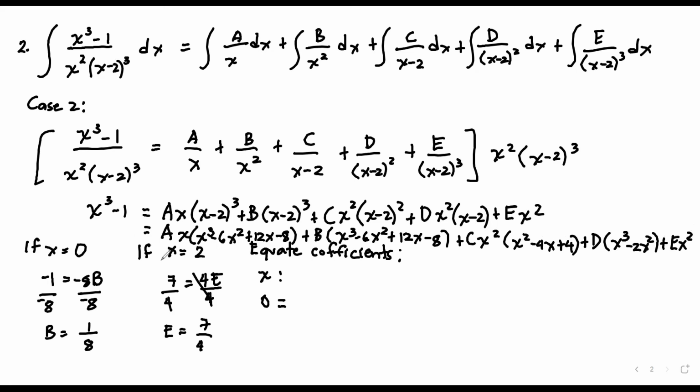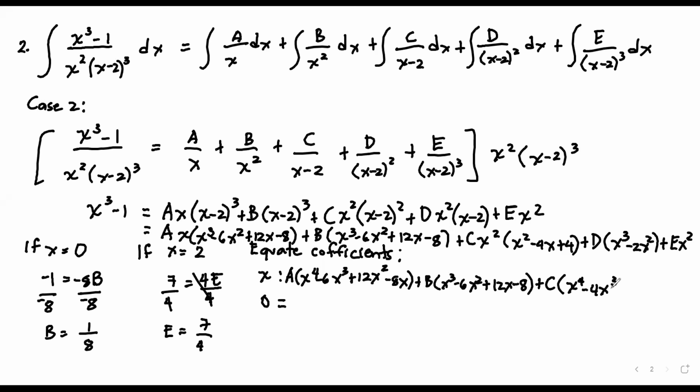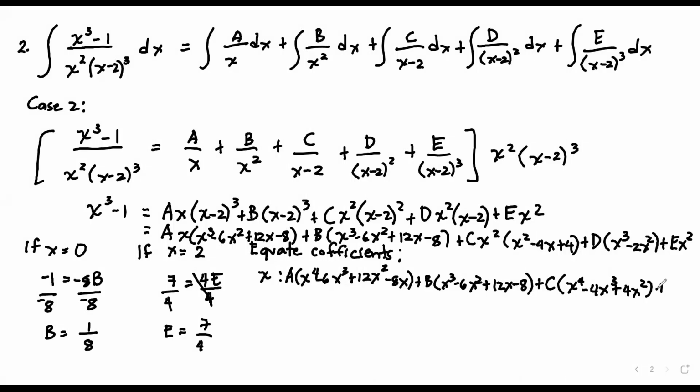Okay, so when we simplify it, we will have a times x to the fourth minus 6x cubed plus 12x squared minus 8x, plus b x cubed minus 6x squared plus 12x minus 8, plus c x to the fourth minus 4x cubed plus 4x squared, then plus d x cubed minus 2x squared plus e x squared.